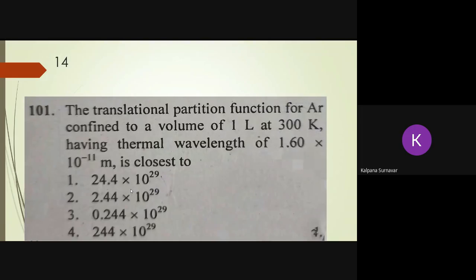Now, question number 14: the translational partition function for argon confined to a volume of 1 liter at 300 Kelvin, having thermal wavelength of 1.60 into 10 raised to minus 11 meter, is closest to. To solve this problem, we need a better knowledge of molecular statistical analysis.